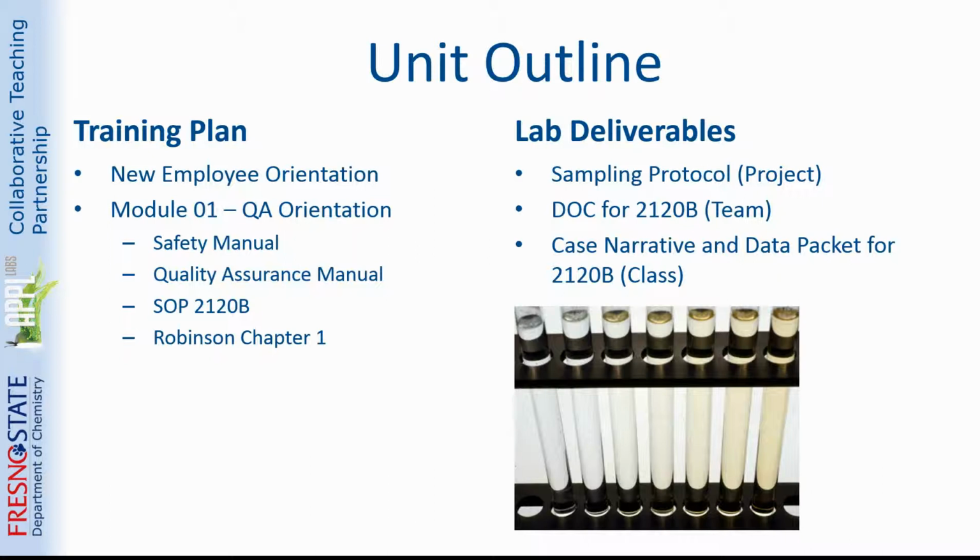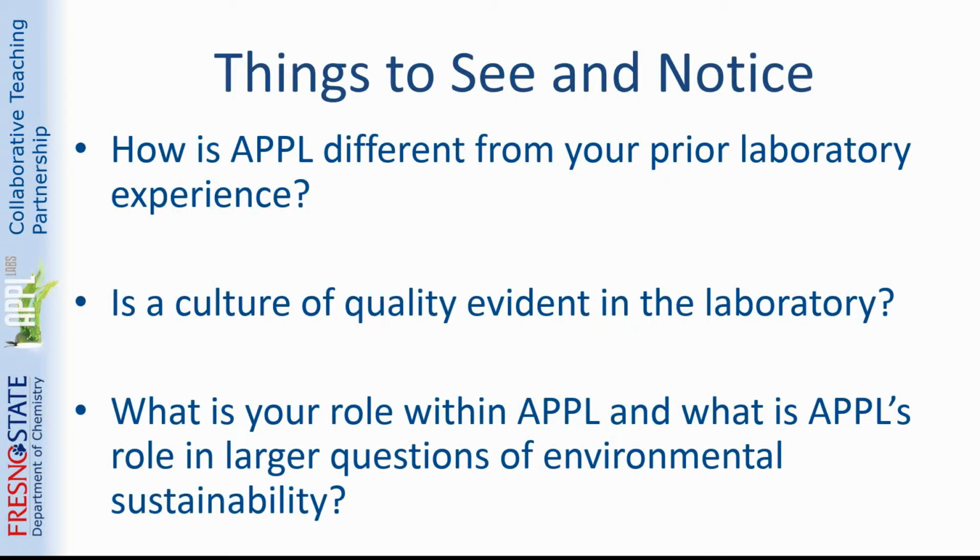We'll be doing a case narrative, and that's going to note any deviations from the method or key observations, key information. And then behind that will be a data packet that's going to include a lot of printouts from the information management system we'll be using. So it's going to look a little different, but that case narrative and data packet is like our official report for the course. So you'll be turning that in so we can send that to clients.